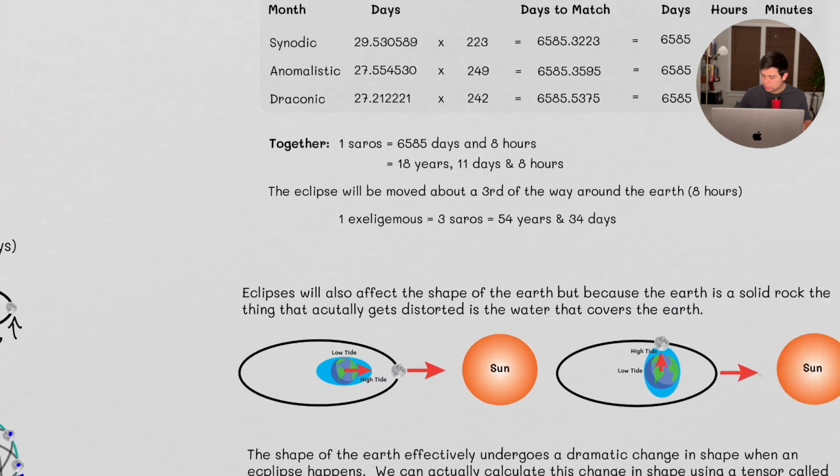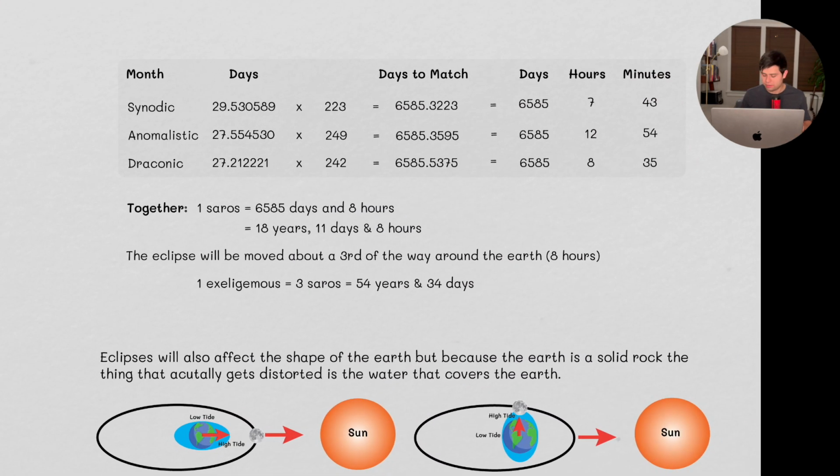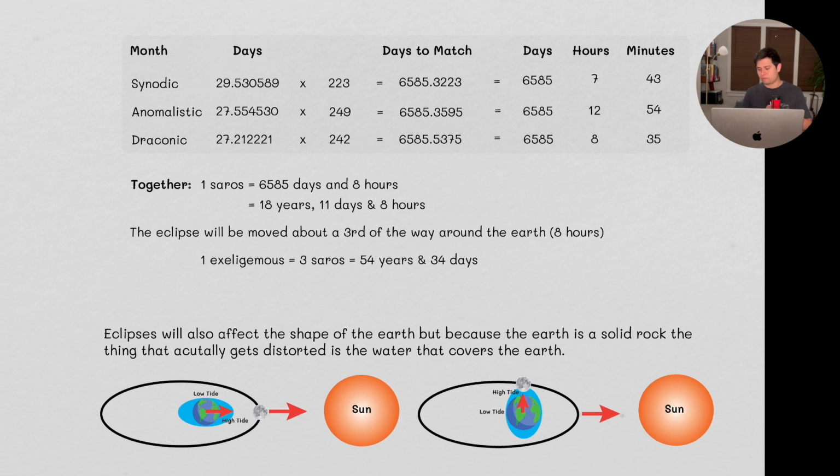Okay, and we have the math now, so we can go through this pretty quickly. Here's our synodic month, our anomalistic month, and our draconic month. Here are those days, and what ends up happening is that for every 223 synodic months, there's about 249 anomalistic months, and for every 223 synodic months, there's around 242 draconic months.